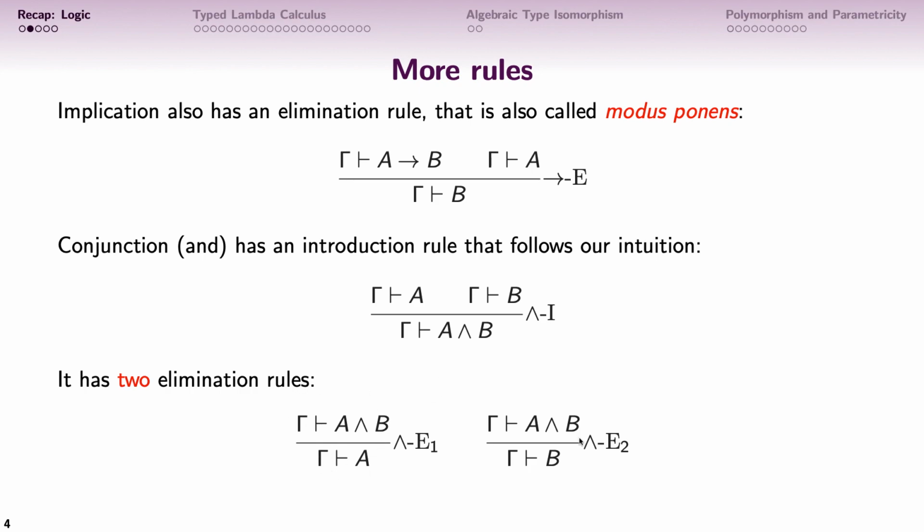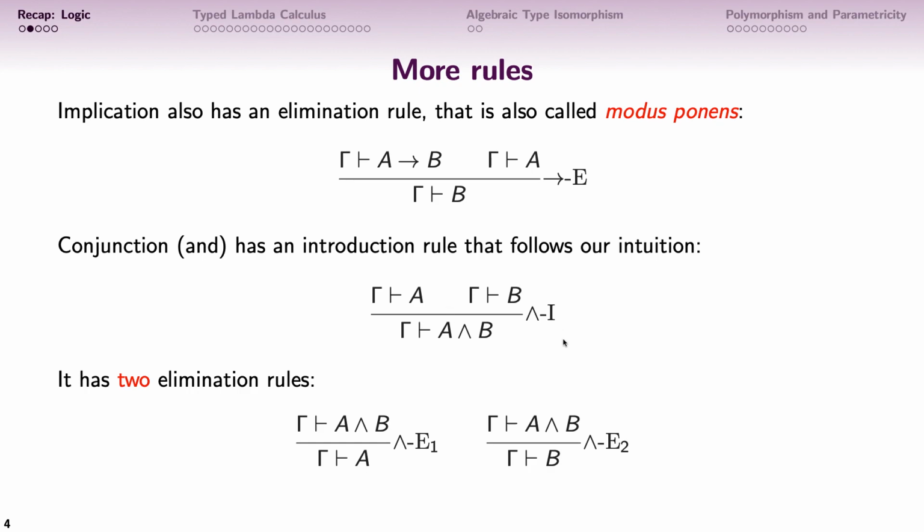And similarly, another introduction rule for disjunction would be, if I know B, then I know A or B. But the elimination rule for disjunction is a bit strange. I can't just take this introduction rule and flip it around. That would say, if I know A or B, then I have two things on the bottom of this rule. That doesn't make any sense.